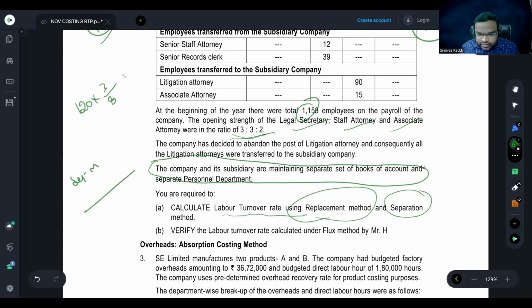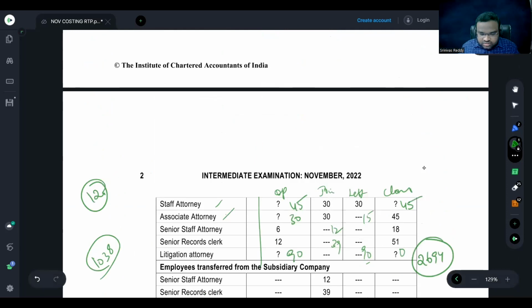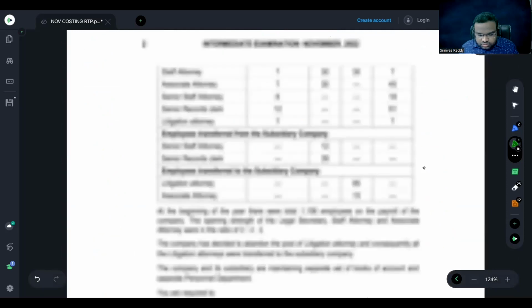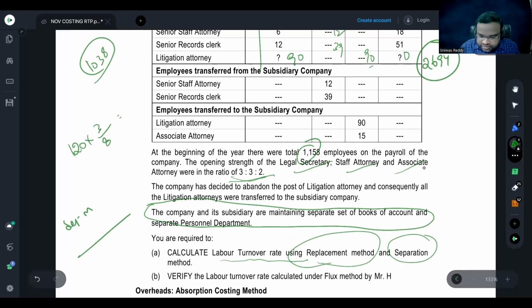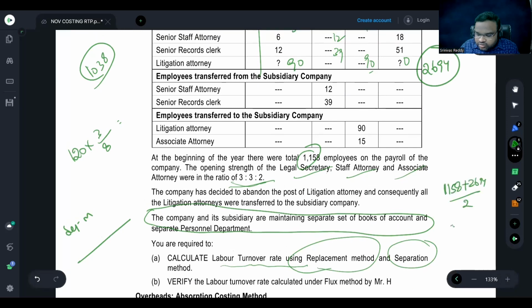Average employees: how many opening employees? 1158. How many closing employees? 2694. Divided by 2, that is 1926.